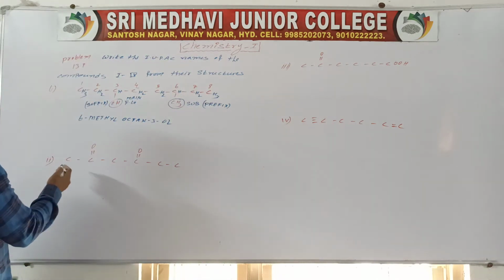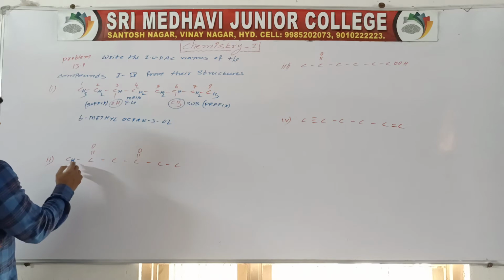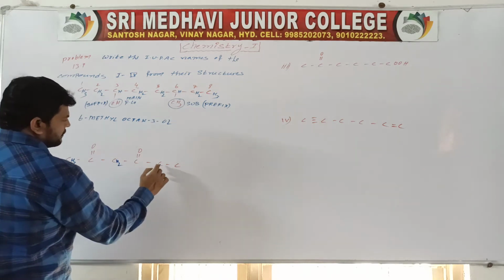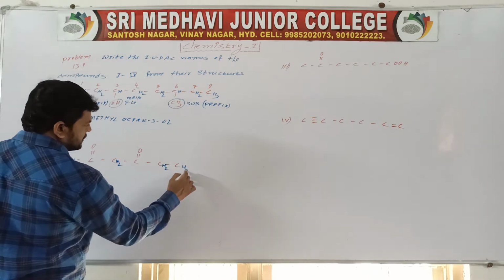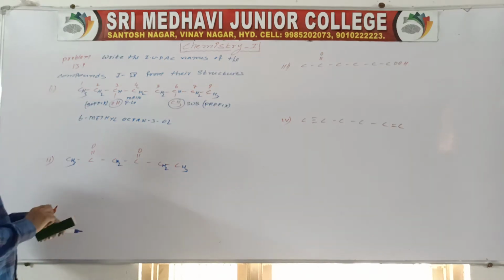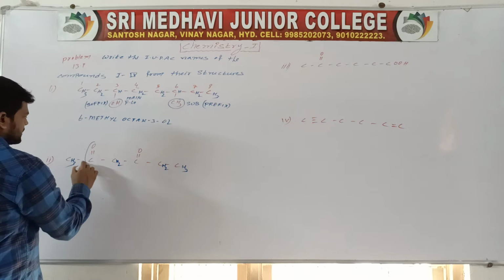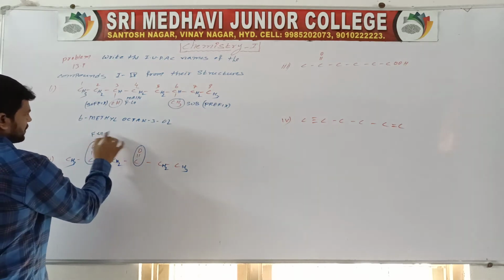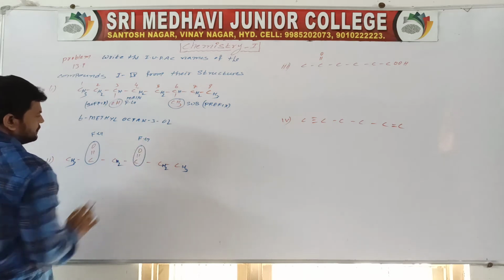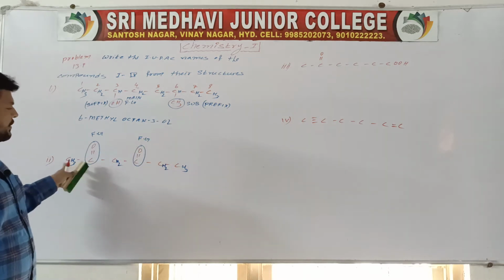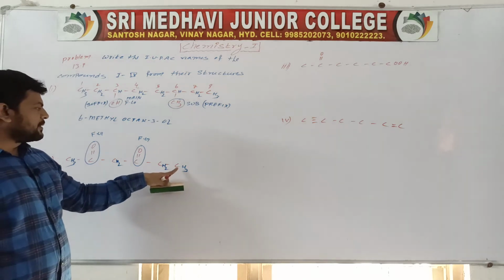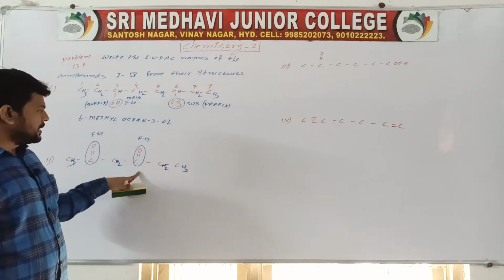Then this one. How many carbons? CH3, 1 2 3 4, CH2, CH2, CH3. Here there is a functional group. If you number from left to right, it is the second carbon; from right to left, it is the third carbon.